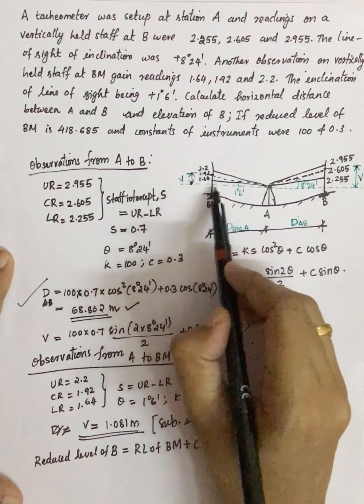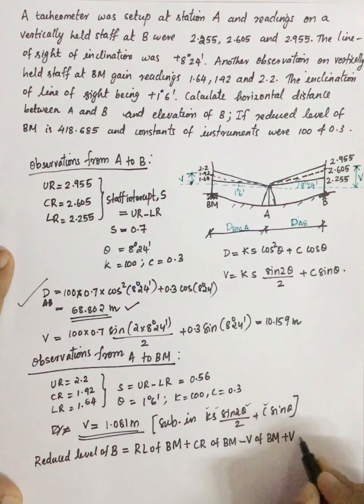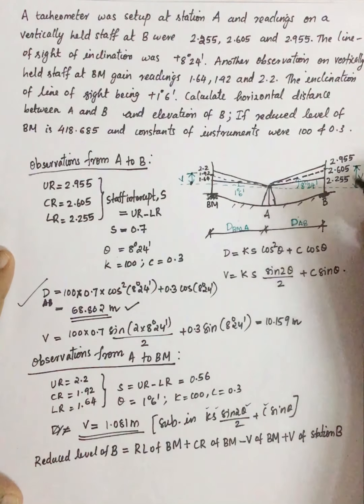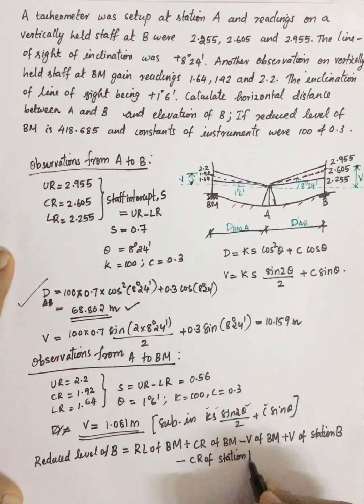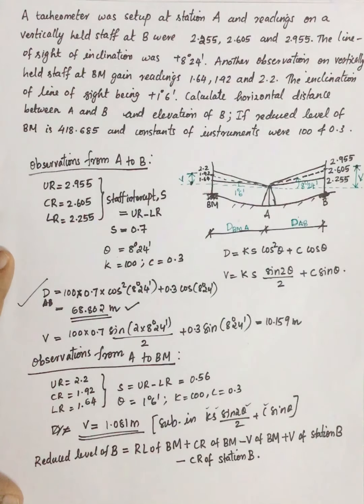So you have reached this horizontal axis, plus V of station B. So you have reached here. V of station B minus central reading of station B. So you will reach here. This is how we are calculating the reduced level.